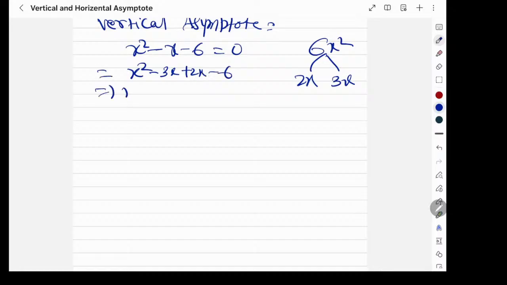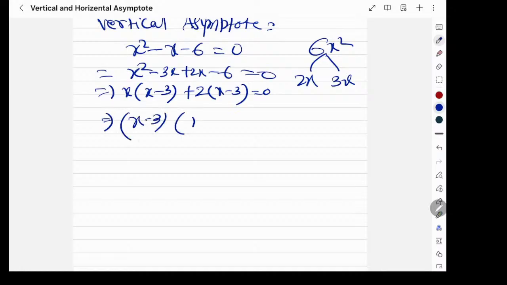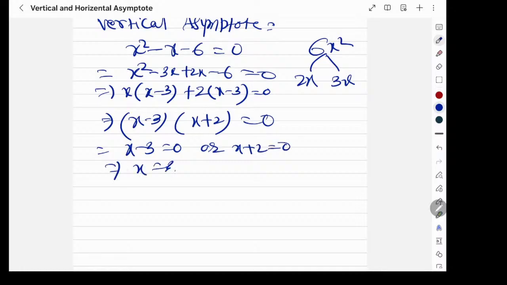We take the GCF of x square and 3x, which is x, so x minus 3, and the GCF of 2x and negative 6 is 2, so x minus 3 is common, and x plus 2 is the non-common factor. Equate to 0: x minus 3 equals 0, or x plus 2 equals 0. Therefore x equals 3, or x equals negative 2.